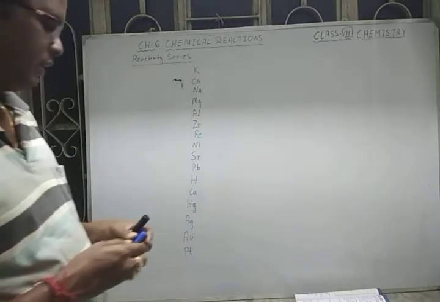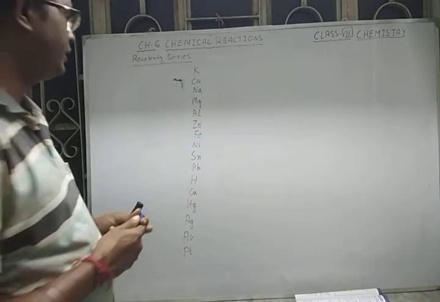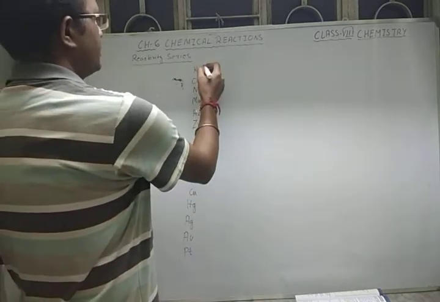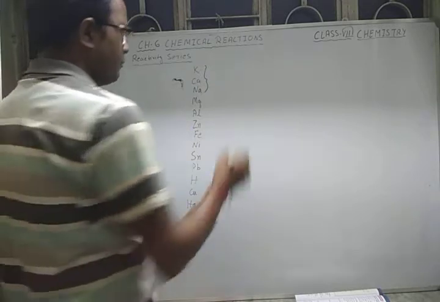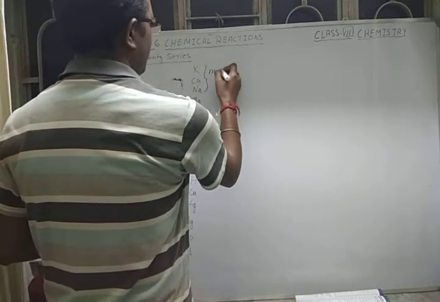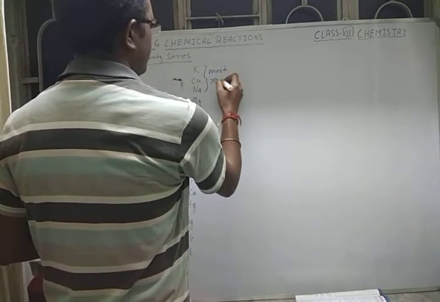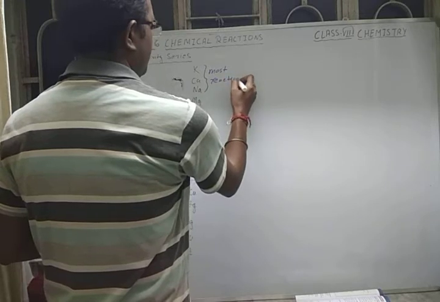If we see the metal activity series, the first elements, potassium, sodium and calcium, are called the most reactive metals.